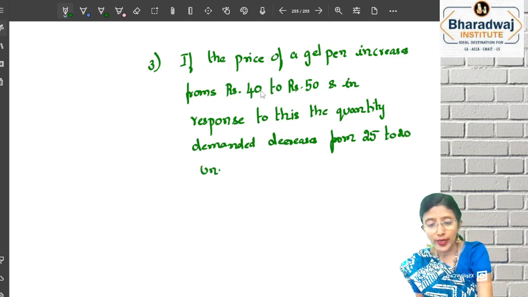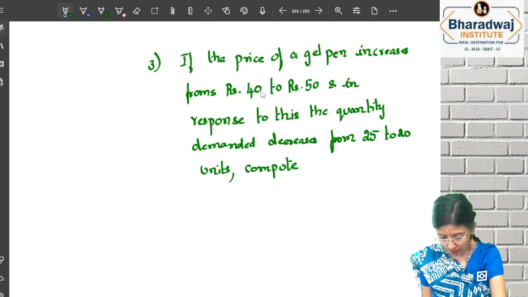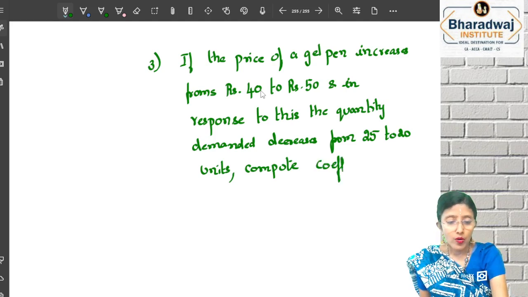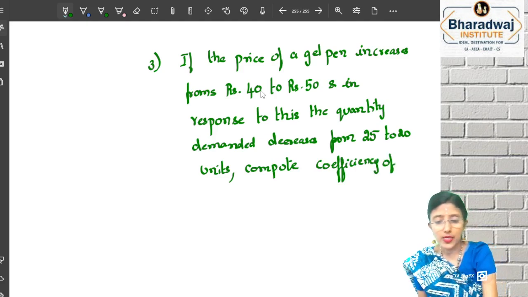Compute the coefficient of price elasticity.